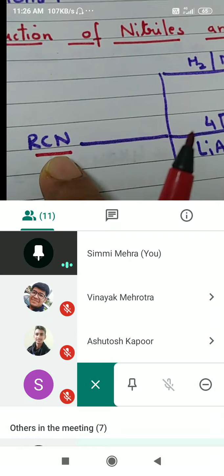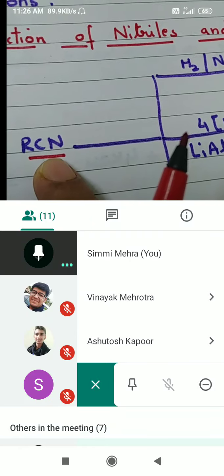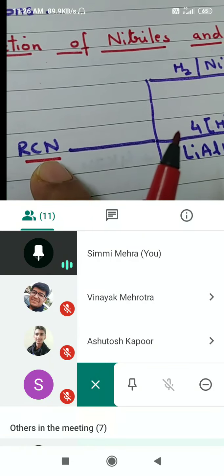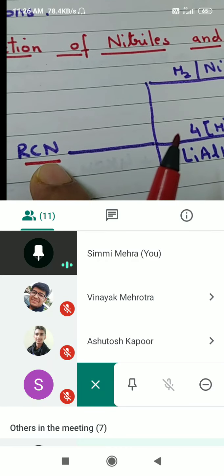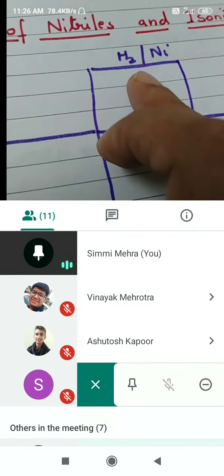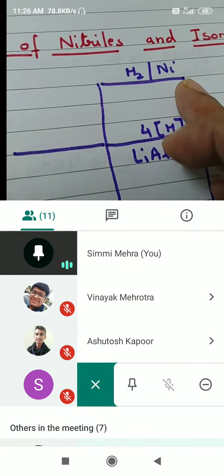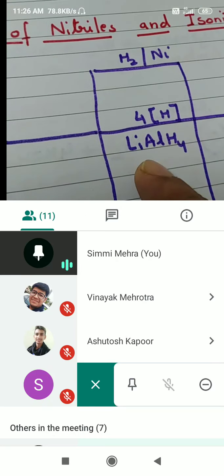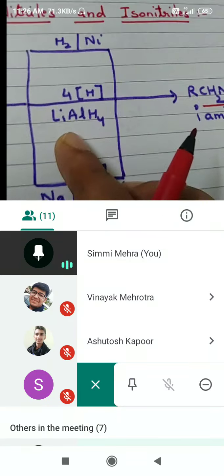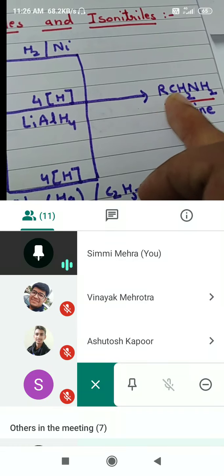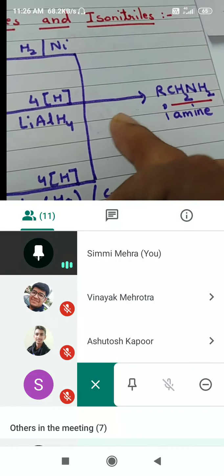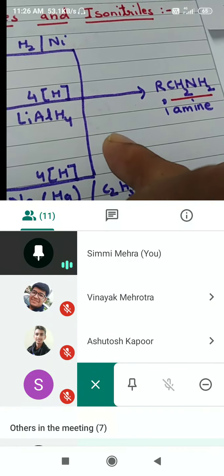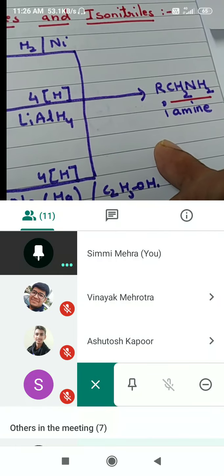Okay, let's see. This is CN. So reduction means 2 covalent bonds will now be attached to hydrogen. Reduction is carried out by means of hydrogen in presence of nickel or lithium aluminum hydride, and it will form RCH2NH2. Your CN changes to CH2NH2.